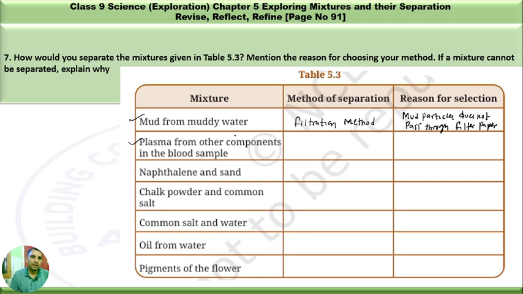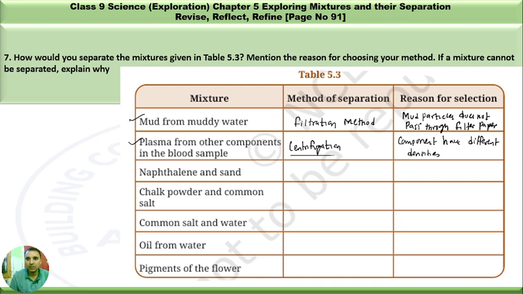Second one is plasma from other components in the blood samples. So here the best applicable method is centrifugation. Centrifugation method is more applicable, and in this method we see that the components present in the blood sample have different densities.